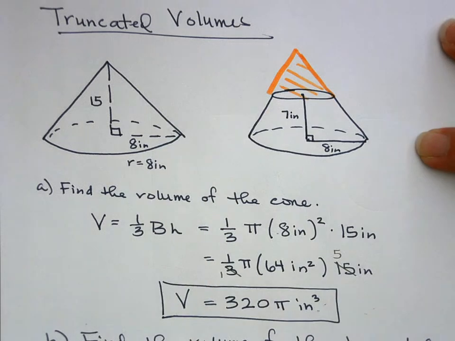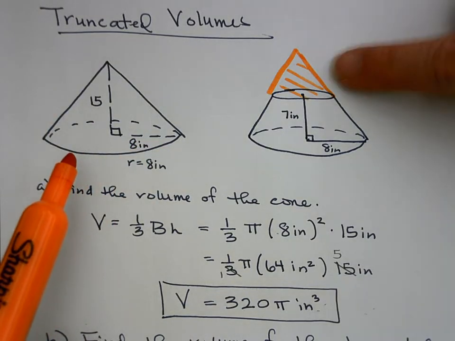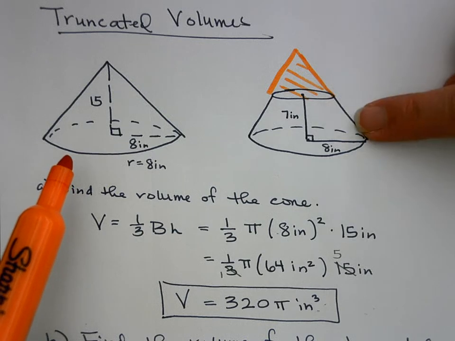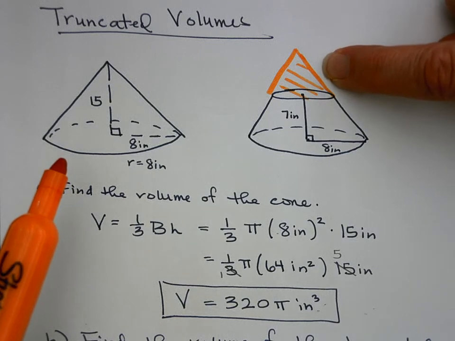And so I know the volume of the whole thing, and then if I know the volume of the part I chopped off, I can subtract them to find the volume of the bottom, right? So now I'm just looking to try to figure out what's the volume of this. Well, in order to find its volume, I need to use proportions, right? So that's what I need to do.